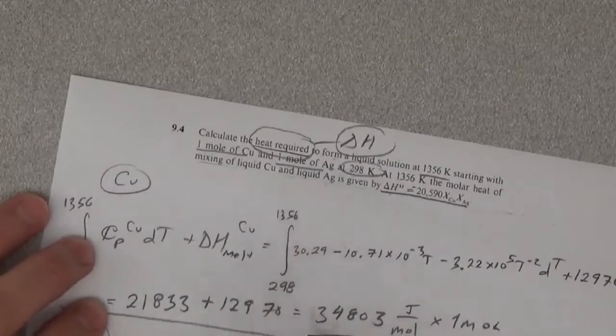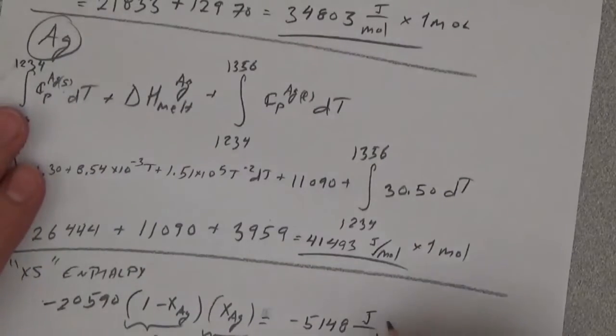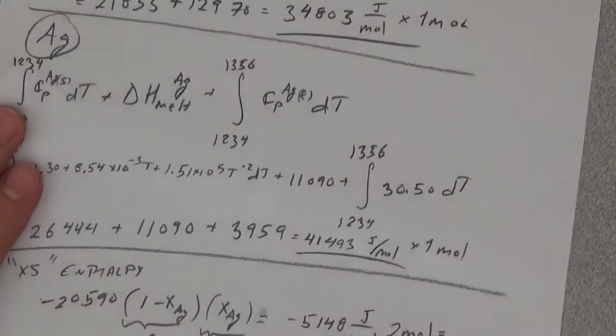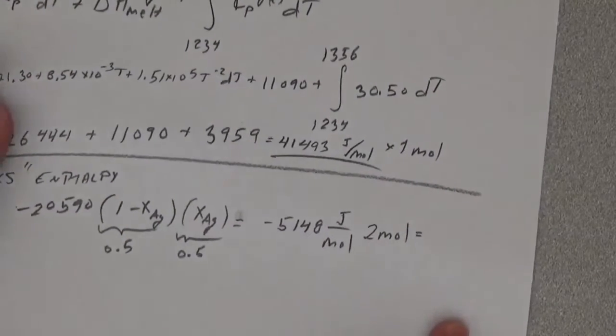But now we have 1 mole of copper and 1 mole of silver, which means we have 2 moles.